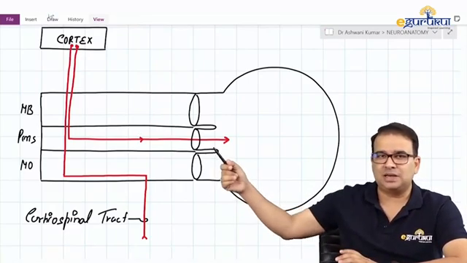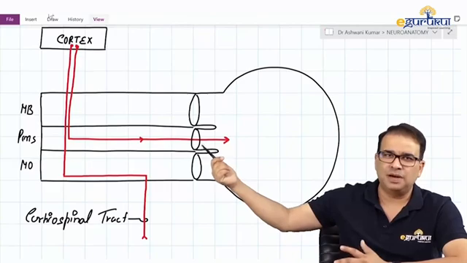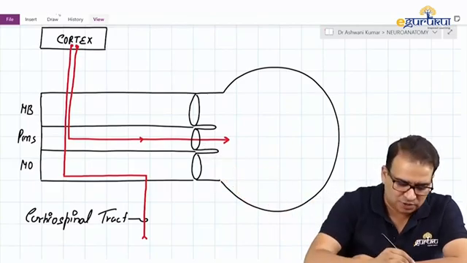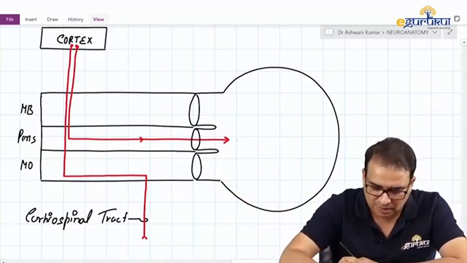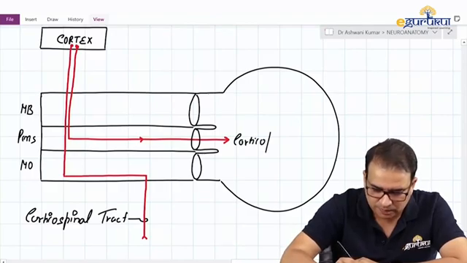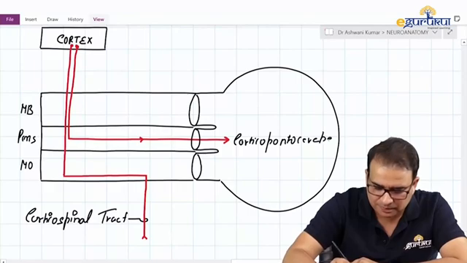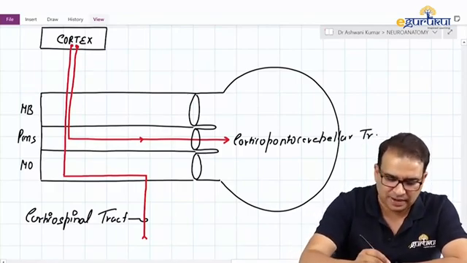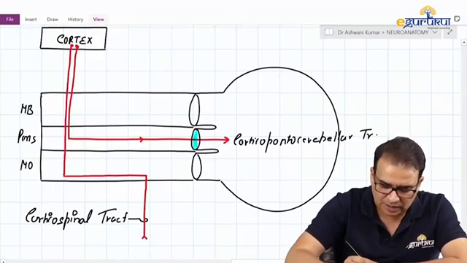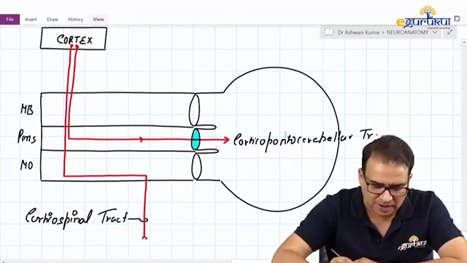So if it is a pontocerebellar, what is the peduncle for pons? Middle only. So it is the tract which is occupying the middle cerebellar peduncle. This tract is pontocerebellar. Cortico-pontocerebellar tract.